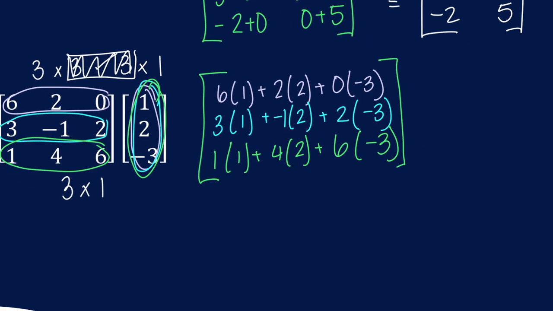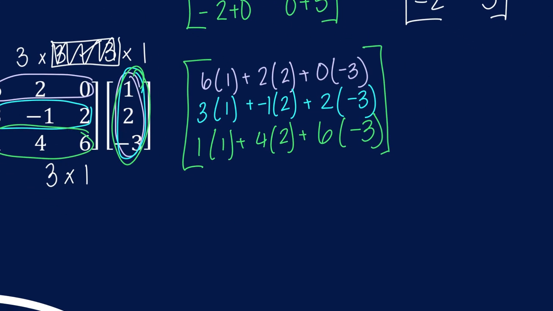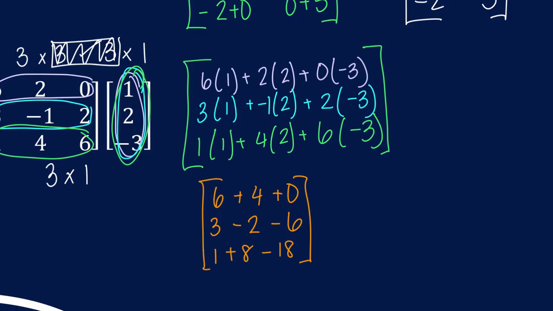Now, solving what I have, again, you can solve it in steps. So I'm going to have 6 plus 4 plus 0. 3 minus 2 minus 6. 1 plus 8 minus 18. And then this is what I'm solving in the end.